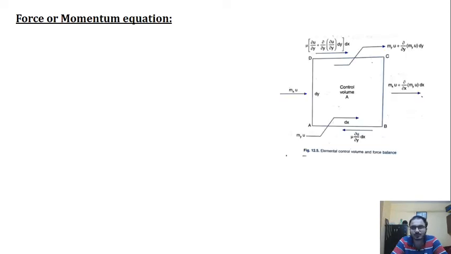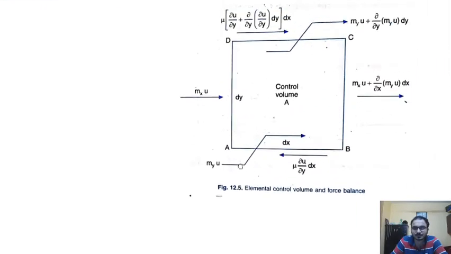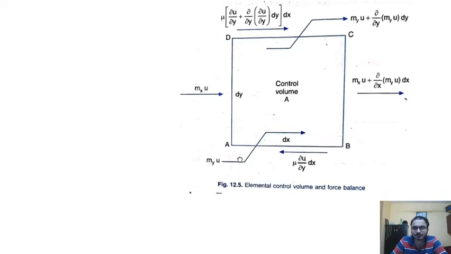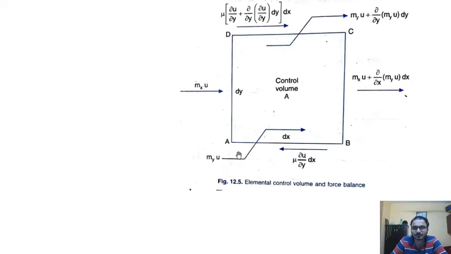Here, first of all, we need to focus on this figure. The same kind of infinitesimal control volume is taken, that is ABCD, which has dimensions of dx and dy respectively. The depth is taken as unity.